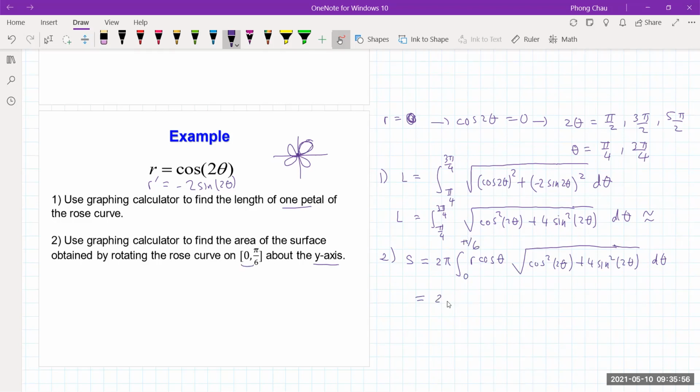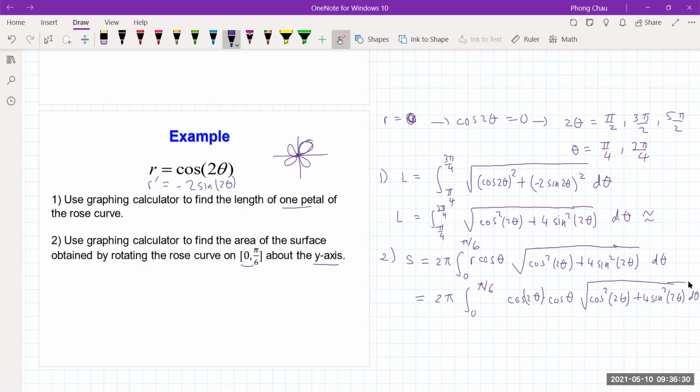So 2 pi, the integral from 0 to pi over 6. R again is cosine 2 theta, so cosine 2 theta times cosine theta, times the square root of cosine squared 2 theta plus 4 sine squared 2 theta, d theta.